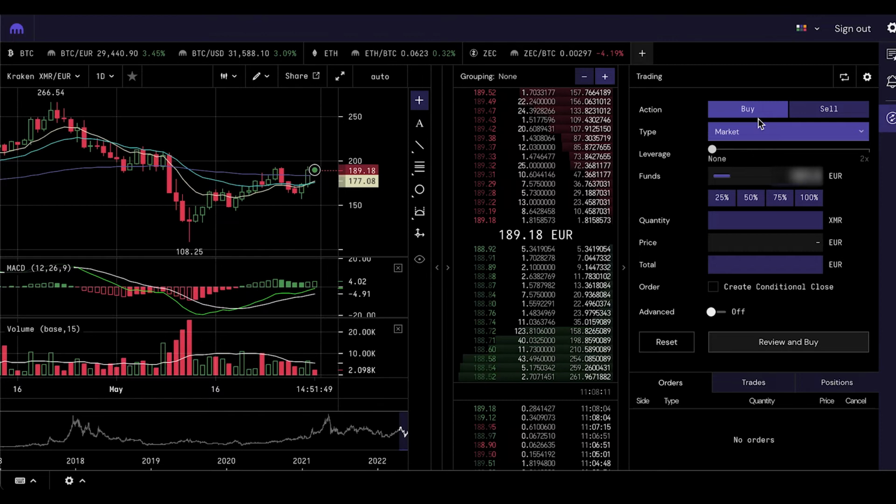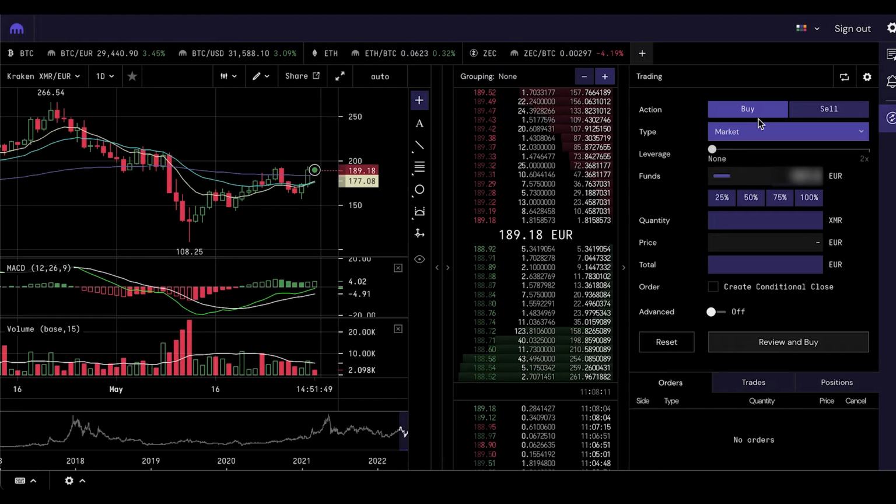Now, since I'm using the XMR Euro trading pair, Kraken is showing me my available Euro balance. Now, this is in just one Euro account, which I can use on either the trading platform or on the simplified exchange. It doesn't make a difference.